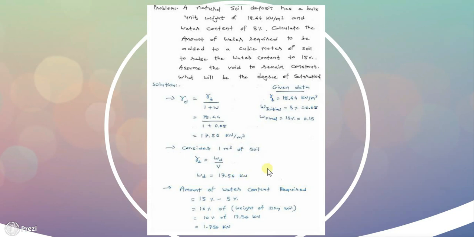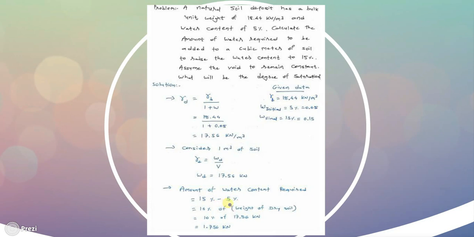To find out the quantity of water required to raise water content from 5% to 15%, I'll find out the weight of dry soil so that I can know the water requirement. Finally it was 15% water content. Initially it was 5%.